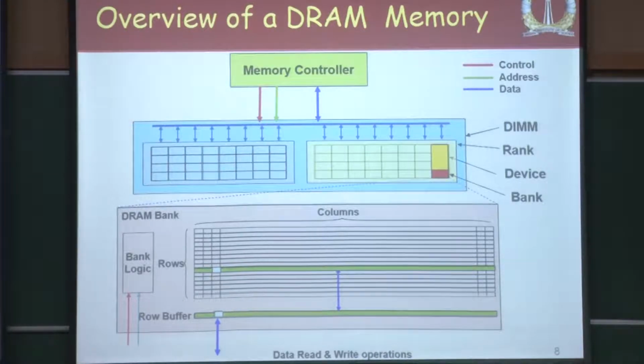Your memory bus width may not be that wide, it may be smaller than that, which means that it may take multiple cycles to transfer the data which is accessed and then sent to the memory controller, and then from there it goes to the cache.